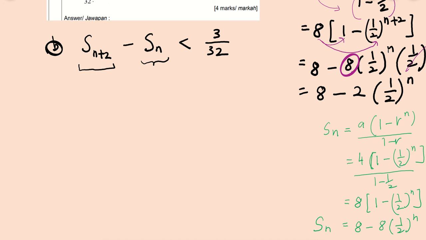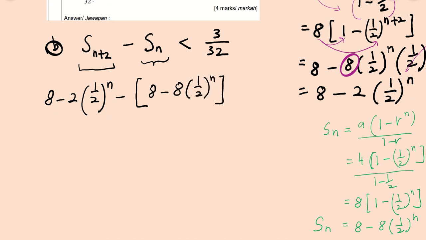Okay, now substitute into the inequality for question B. Sn plus 2, expression dia tadi adalah 8 minus 2 times 1 over 2 to the power of n, minus Sn. Sn kita adalah 8 minus 8 multiply 1 over 2 to the power of n, less than 3/32. Lepas tu kita remove the big bracket kat sini.